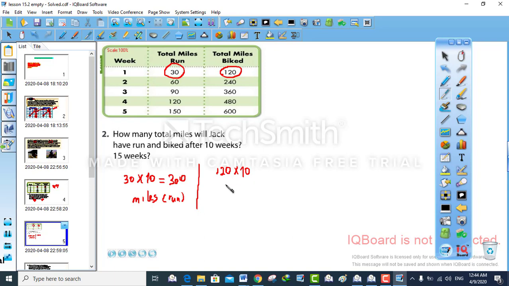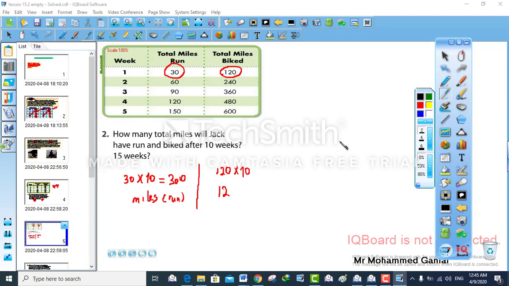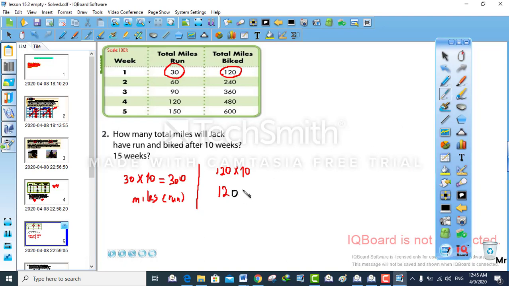So the answer is 12 times 1, the same 12, and put down here the 2 zeros. So the answer is 1,200 miles for biking.